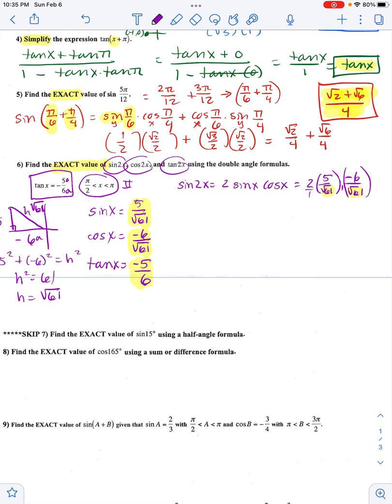So 2 times 5 times negative 6. I'm looking at my answer key feeling like it's wrong. And it is. So if I multiply these all together, I end up with negative 60 over 61.